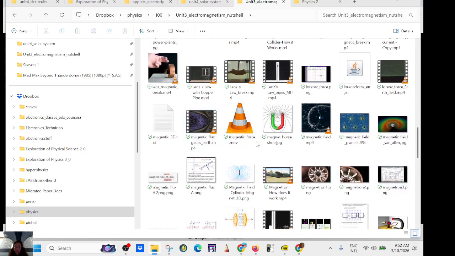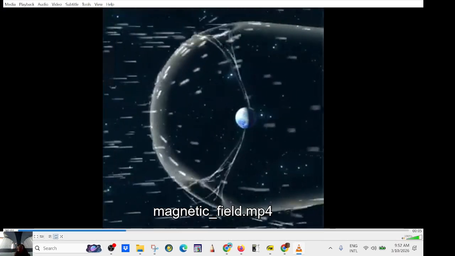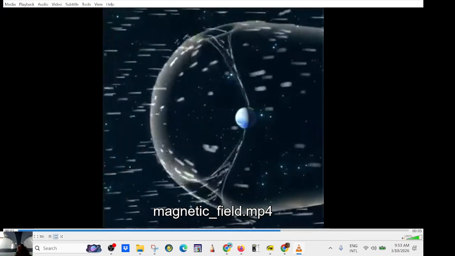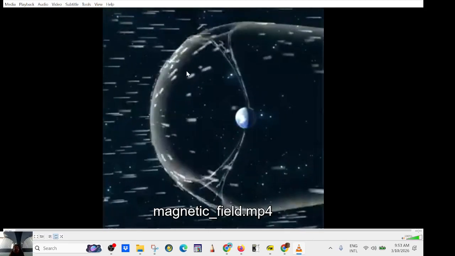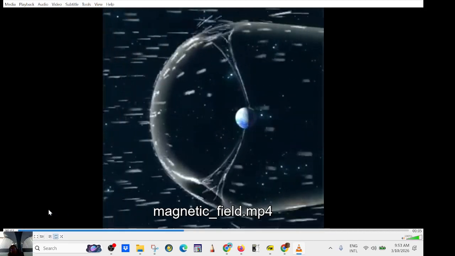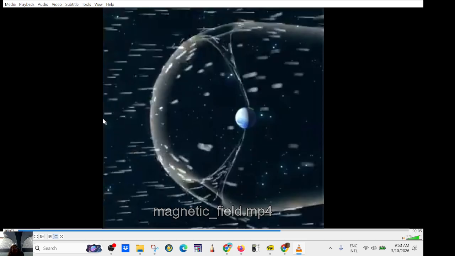So the magnetic field of the Earth has a function. It's very important for us because it's shielding us from radiation, from cosmic radiation, from the sun, from space.